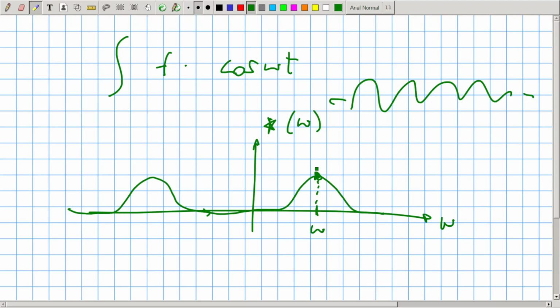True? If I look at that specific omega, star of omega is 10. What does it mean? It means that very likely f looks something like, now it's made in a bad way, but imagine an f that looks like this one. True? F goes to 0. True? But I've got that f multiplied times that cosine with that specific frequency, they kind of match. True? So I see that they are matching, but it's not an infinitely equal thingy.